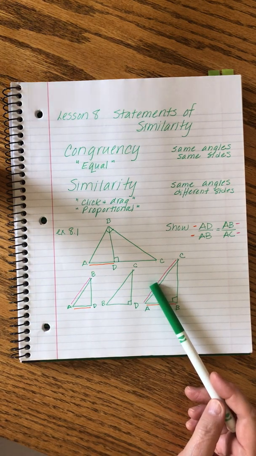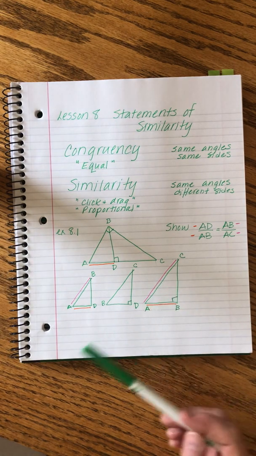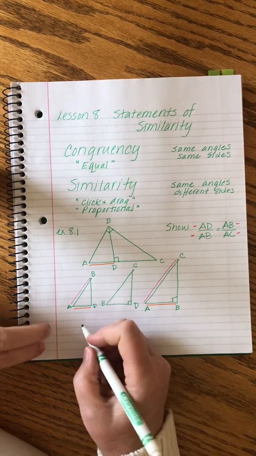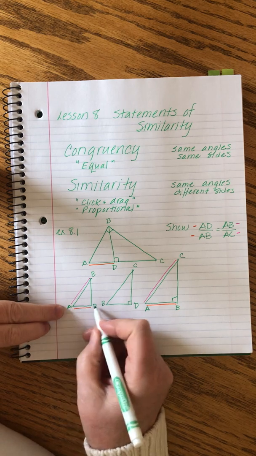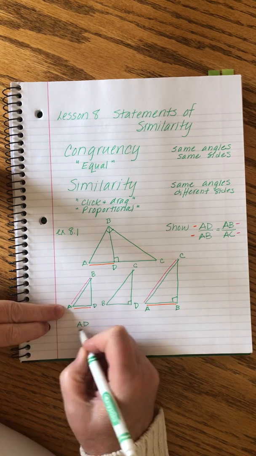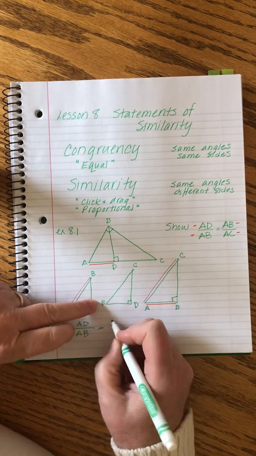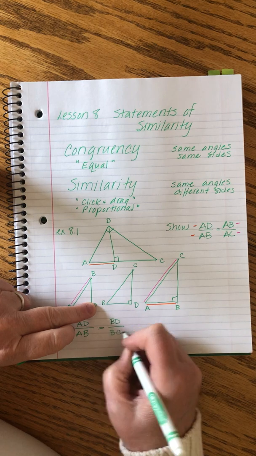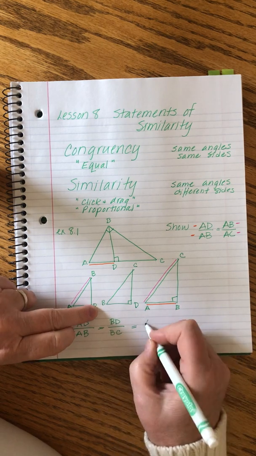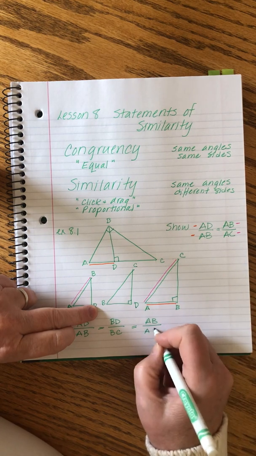Now we know that similar triangles have similar sides, so we can write a proportion that says short leg over hypotenuse equals short leg over hypotenuse equals short leg over hypotenuse.